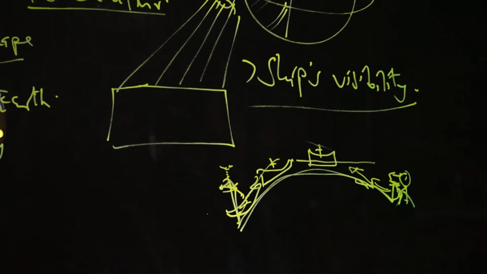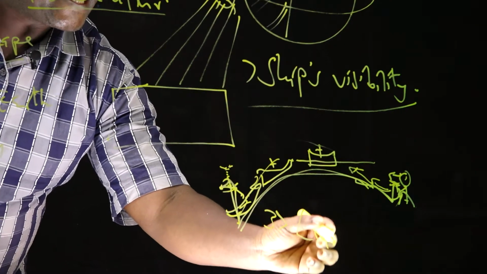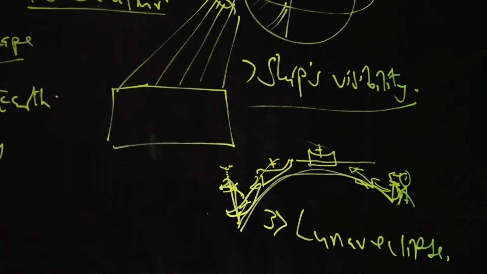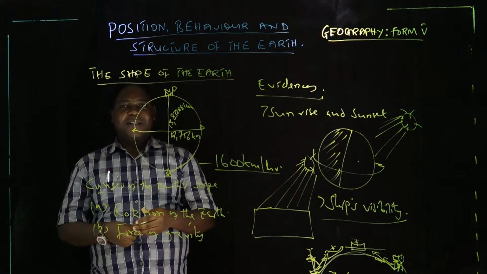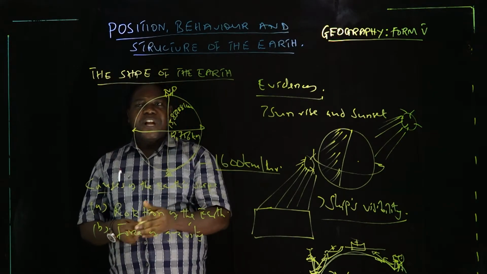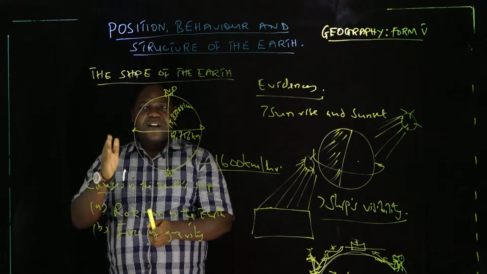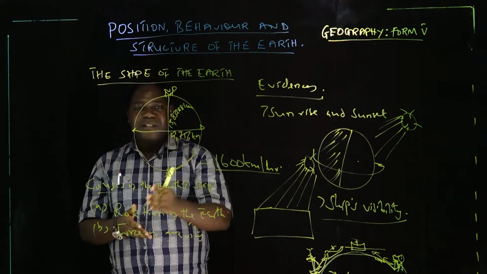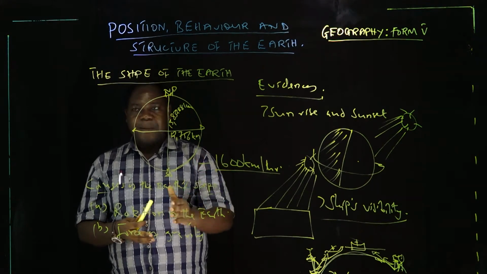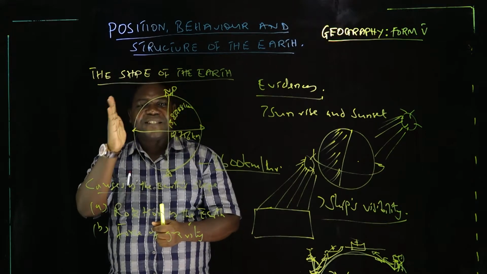The third evidence is lunar eclipse. My dear student, this is the eclipse of the moon. This happens when we have a full moon day during the night, that we have the earth, we have the moon, and at the same time we have the sun. Only the sun generates its own heat and light.